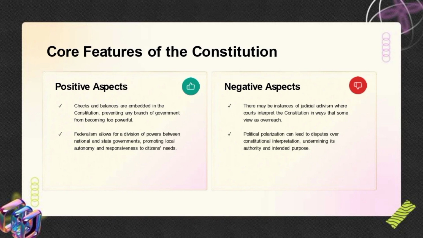Negative aspect. There may be instances of judicial activism where courts interpret the Constitution in a way that some view as overreach. Political polarization can lead to disputes over constitutional interpretation, undermining its authority and intended purposes.